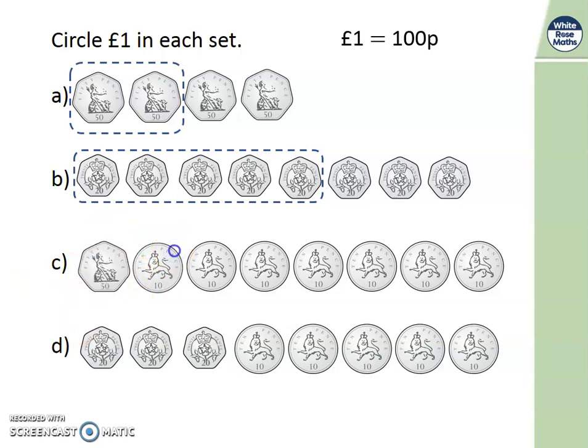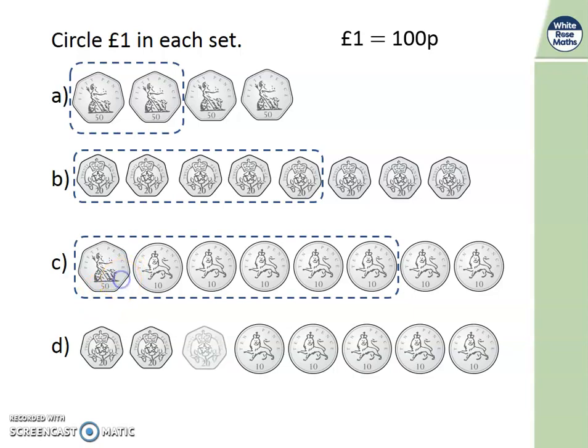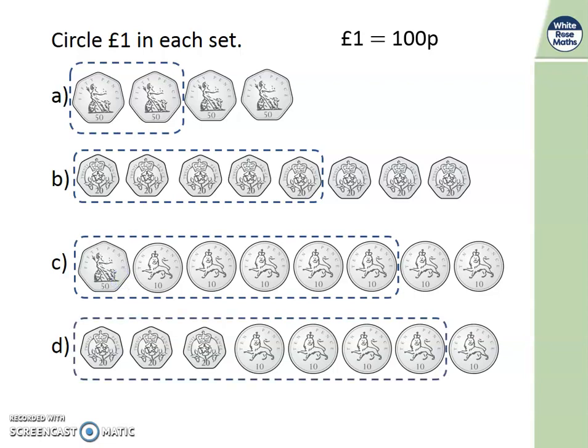So 50, 60, 70, 80, 90, 100. 100 pence or £1. And D, I've got a 20, 40, 60, and now I'm adding tens to that 60. 70, 80, 90, 100. That makes 100 pence or £1. Well done if you got that correct.